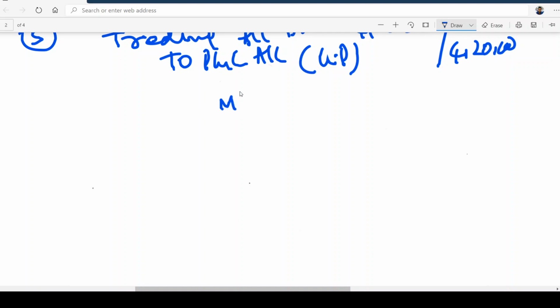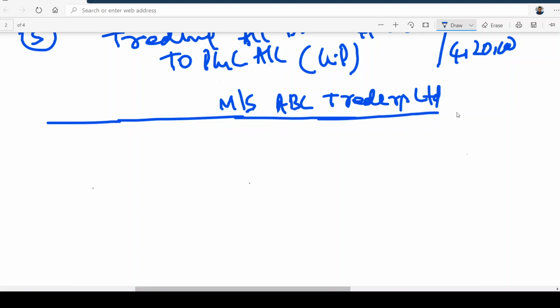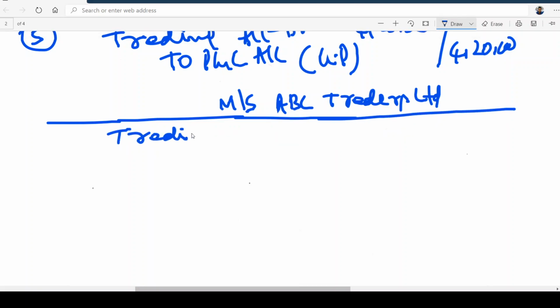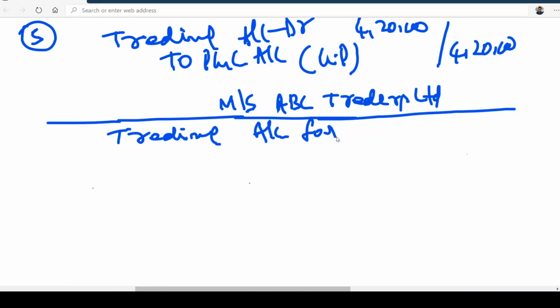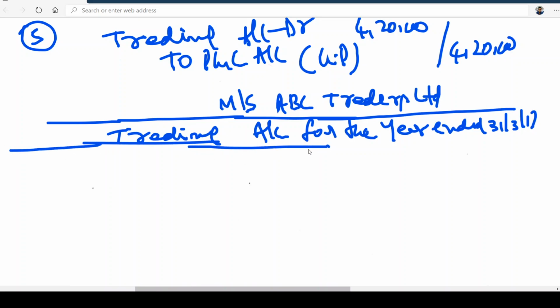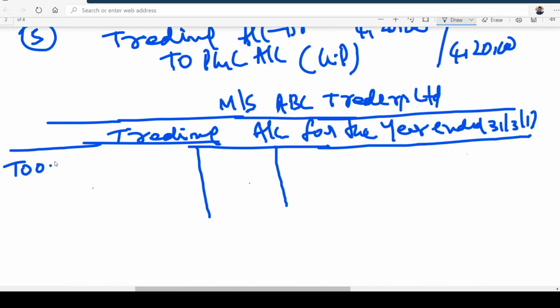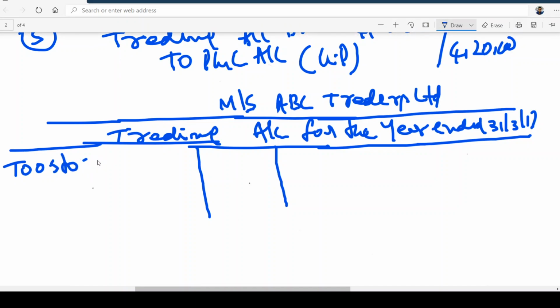Trading account of Messrs ABC Traders Limited for the year ended 31st March 17. To opening stock 1 lakh.